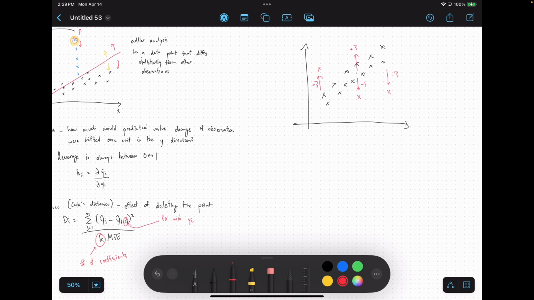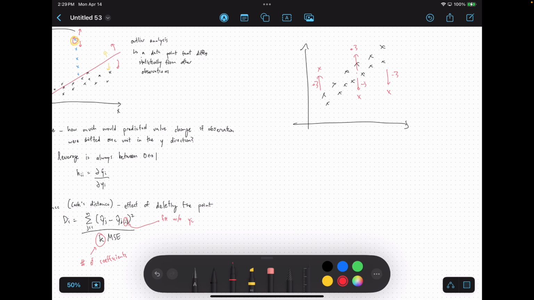Just imagine drawing a fit line through these outliers one by one, and you'll find that the ones at the end cause that fit line to change more, in a way very analogous to this seesaw.